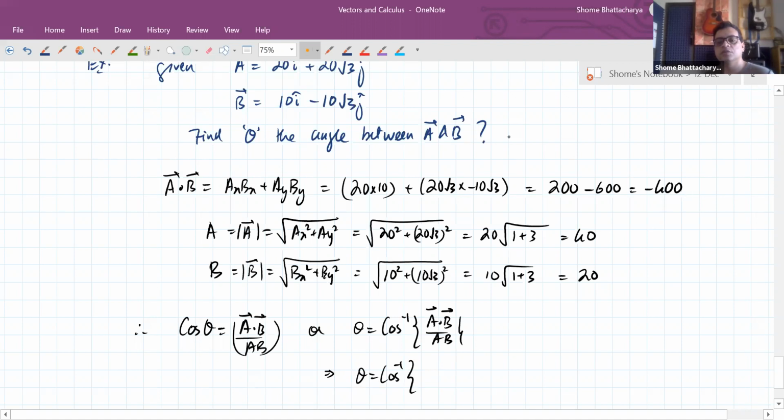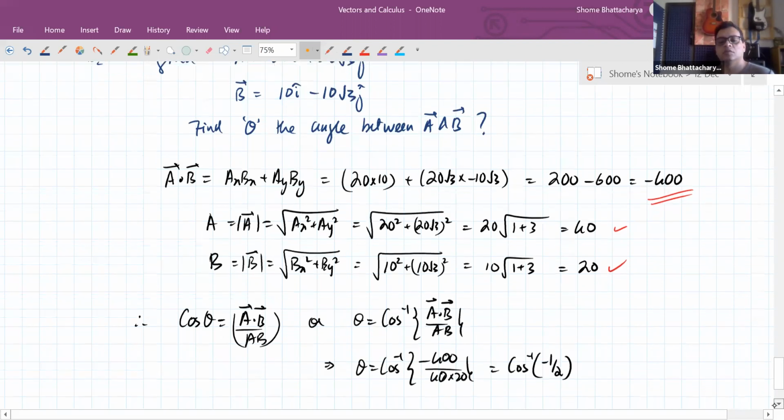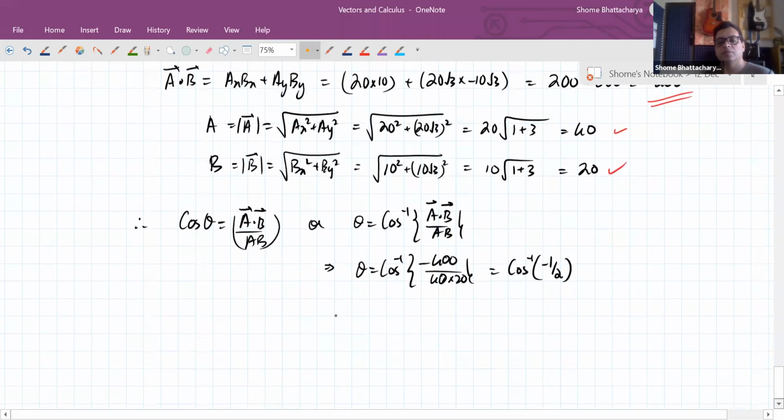So just substitute the value of A dot B from here and magnitude of A and magnitude of B from here. So it becomes cos inverse of minus half. So now we know that theta is 120 degrees.